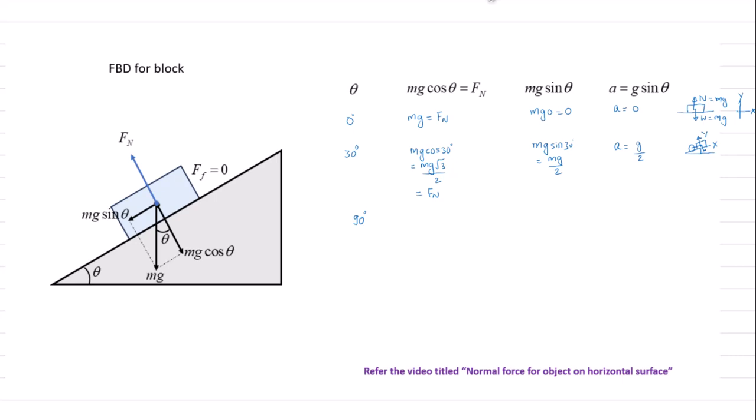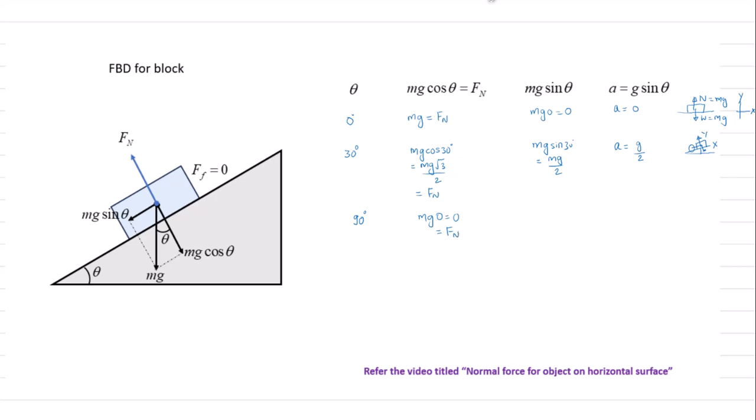Let's make theta equal to 90 degree. So in this case, mg cos theta will be mg cos 90. So cos 90 is 0. So that means this will be 0, and therefore there will also be no normal component.